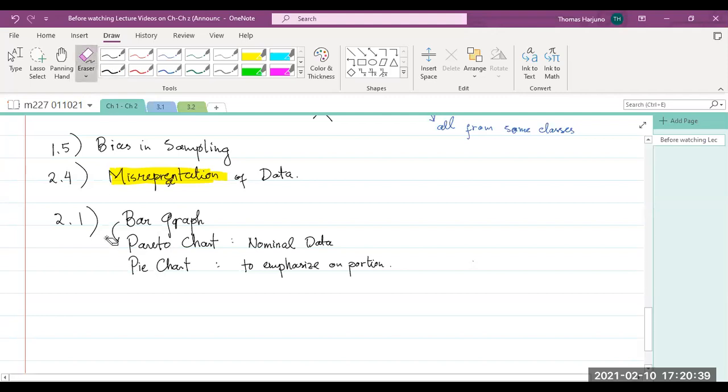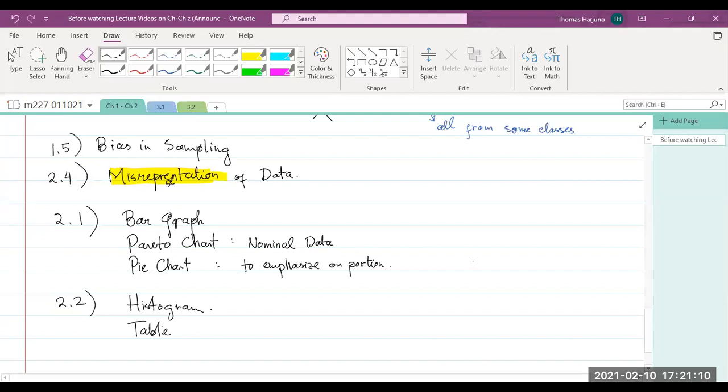Okay, that's for 2.1, 2.2 about quantitative data. Quantitative data, popular display or histogram. Okay, of course, using tables, that's another way. Contingency table.